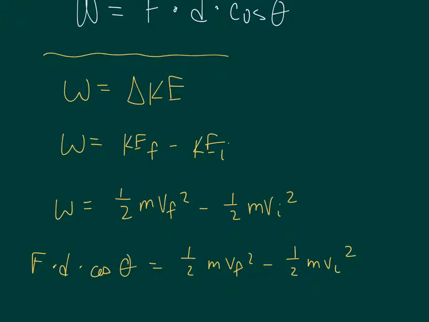Now, friction, what is the angle always? 180. Because remember, if the object is moving this way, friction is clearly acting this way. What's the angle between my arms? 180 degrees. So for friction, theta is always going to be 180.